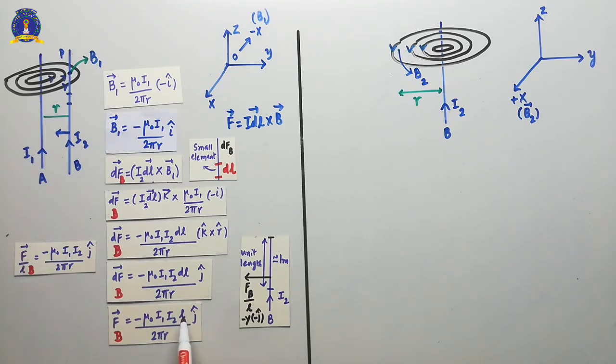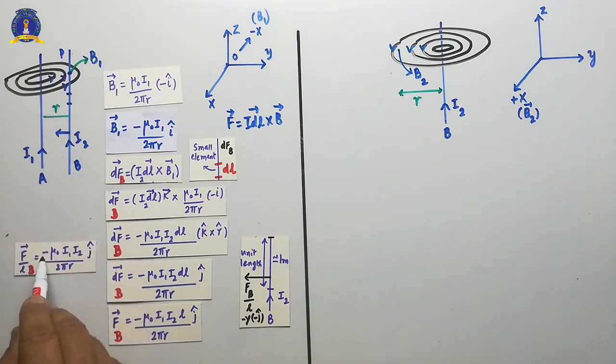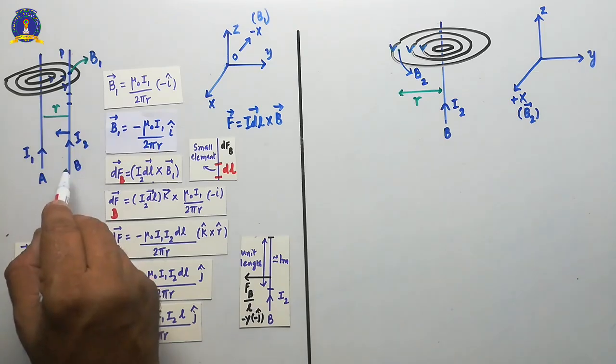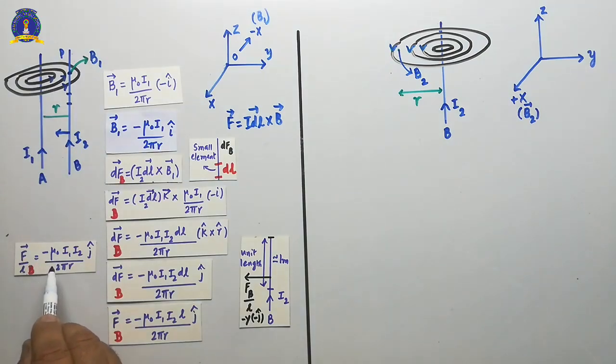If the L is cross multiplied, you will get the force acting per unit length in conductor B. What is the formula? Minus mu naught I1 I2 divided by 2 pi r, J cap. Are you clear? So this much force is acting on B in each unit length of the wire. That's why this equation is written. Are you clear?